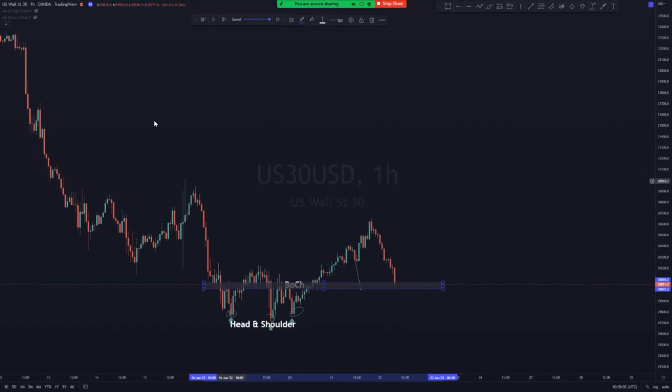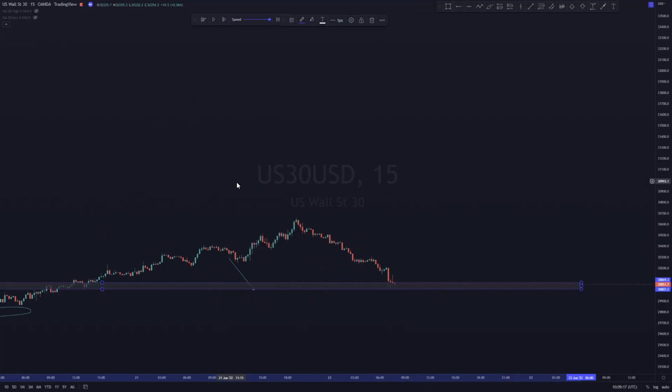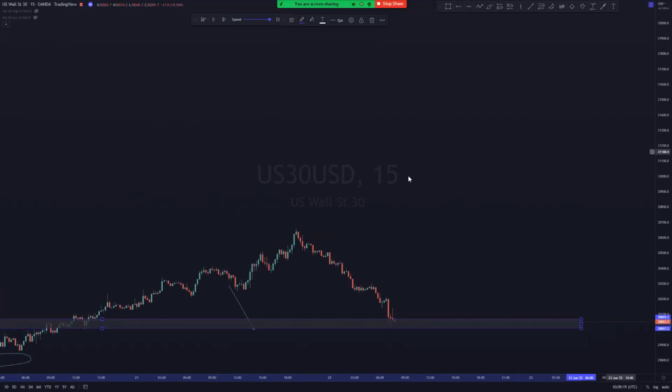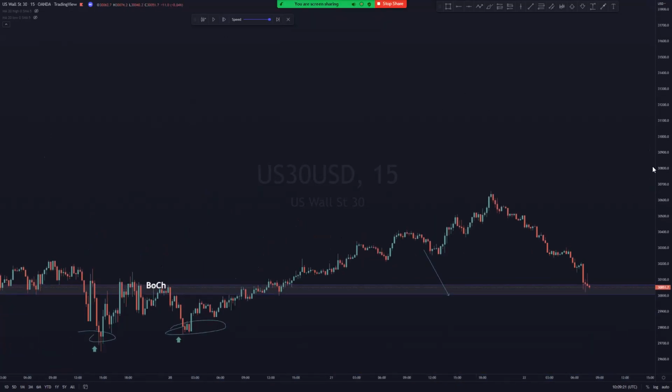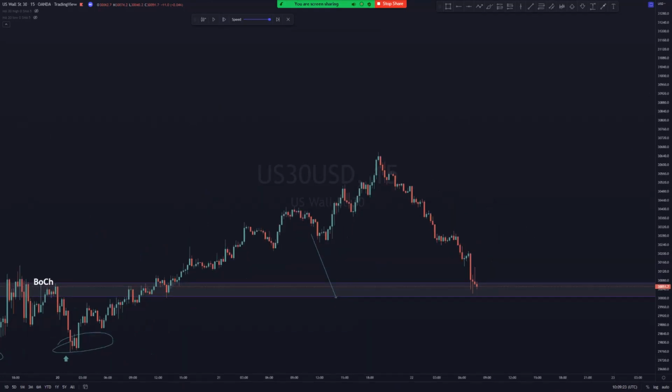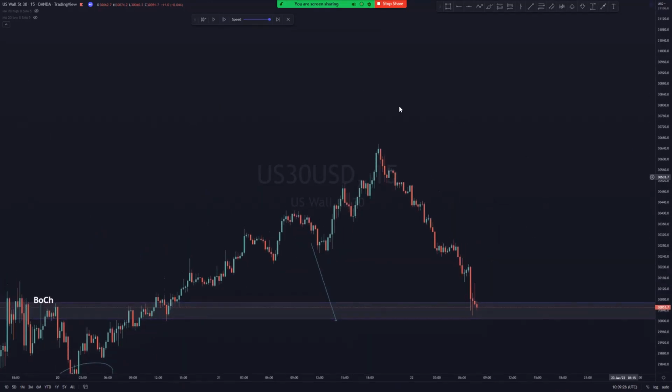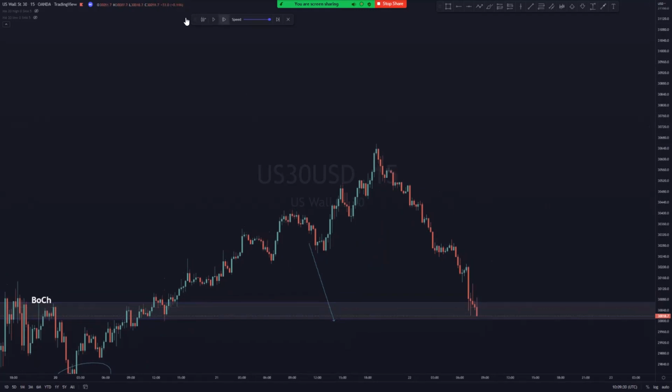Okay, let's see if we get a confirmation on small time frame. Let's take a look on 15 minutes. See if you can spot any confirmation to buy on this small time frame.